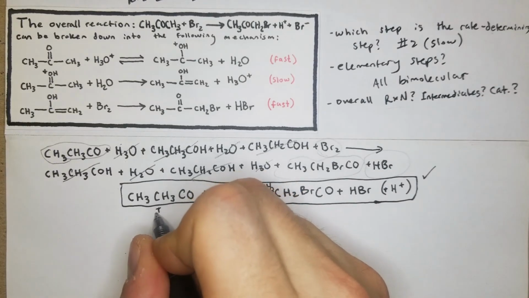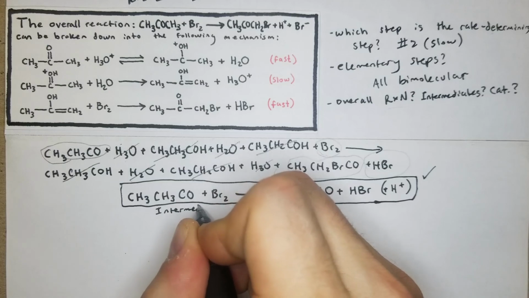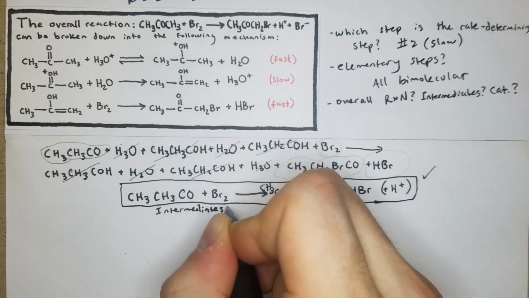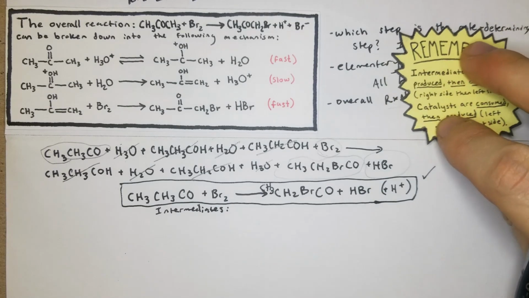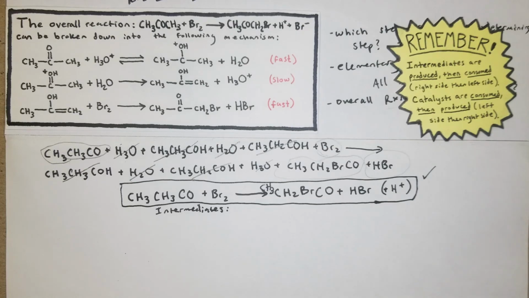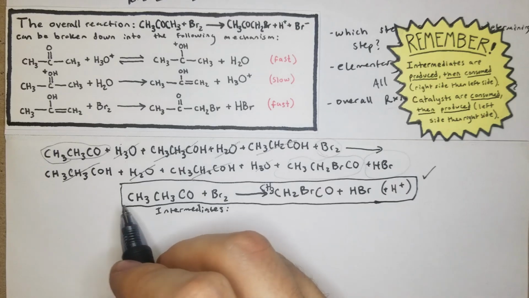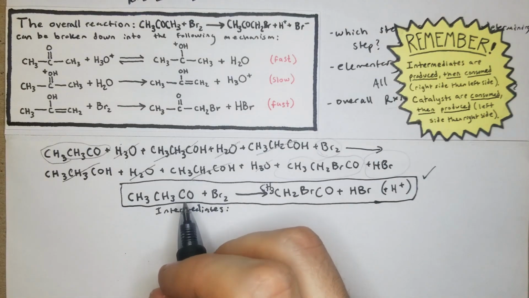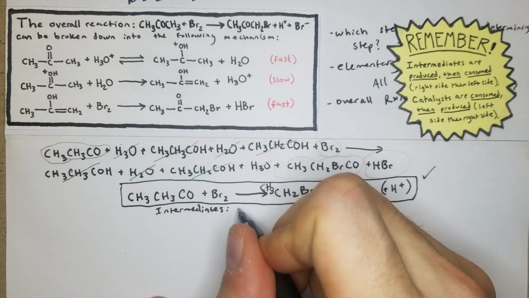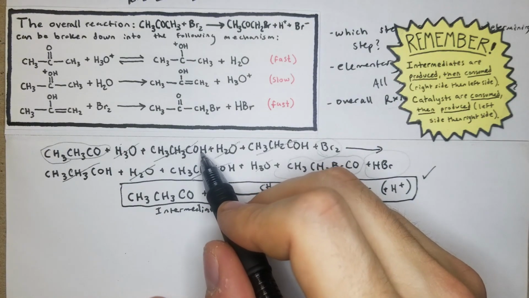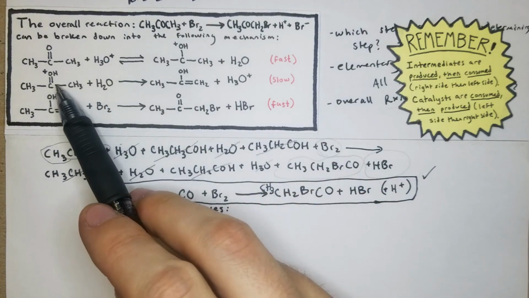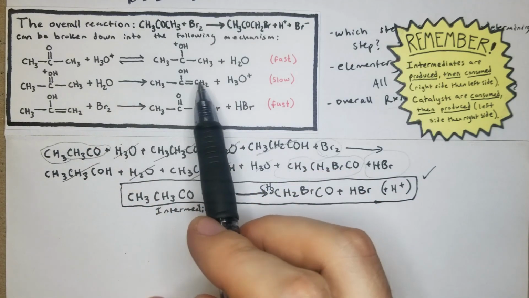Okay, so now we can keep moving forward with these. Are there any intermediates? We're going to assume there are probably tons because we canceled out a lot of things. We'll work through it piece by piece, but here again is the reminder: our intermediates are produced and then consumed, in that order. So CH3CH3COH starts with the OH here and ends over here.